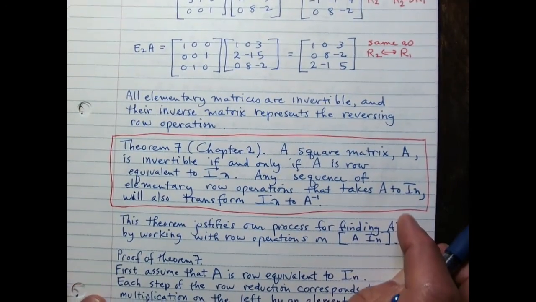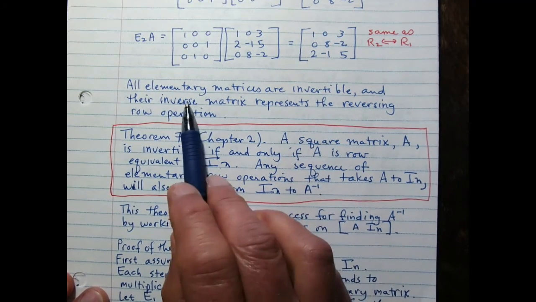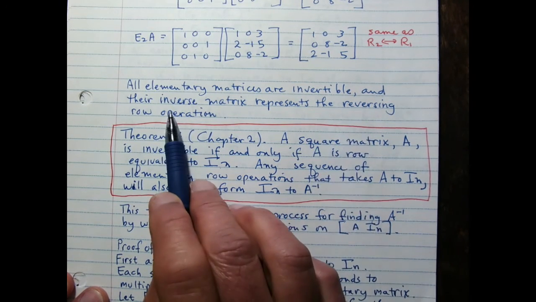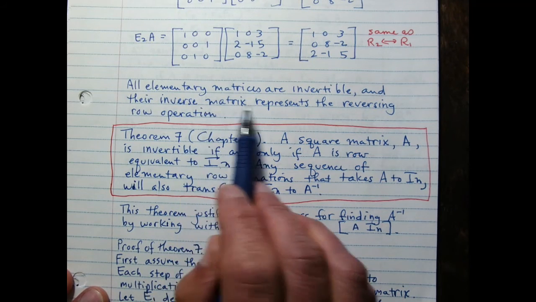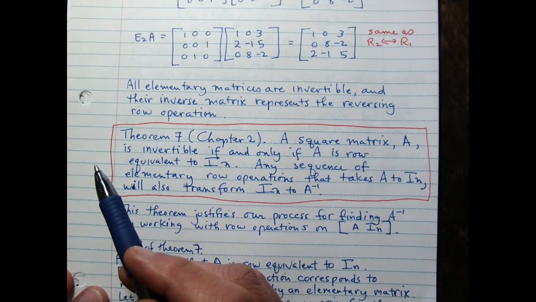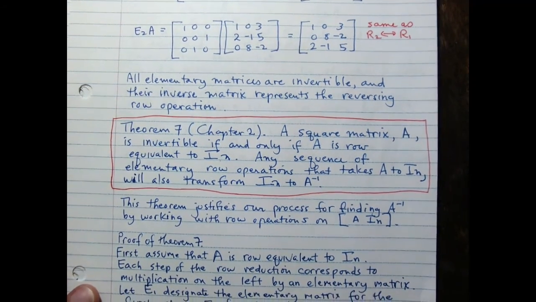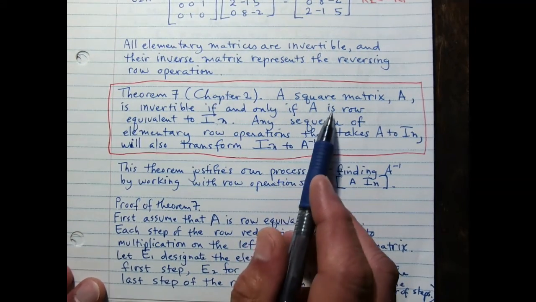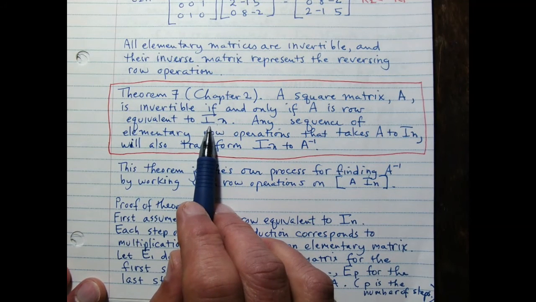All right, so all elementary matrices are invertible, and their inverse matrix represents the reversing row operation. Every row operation can be reversed, and it takes you back to where you would have been right before you performed that operation. Theorem 7 of Chapter 2: a square matrix A is invertible if and only if A is row equivalent to the identity matrix.